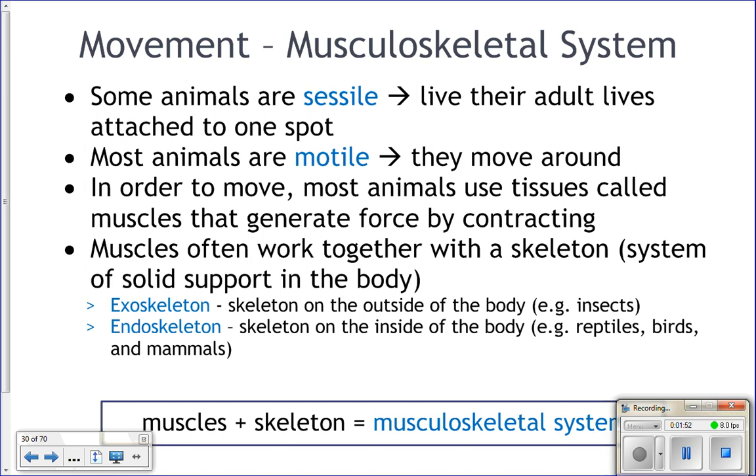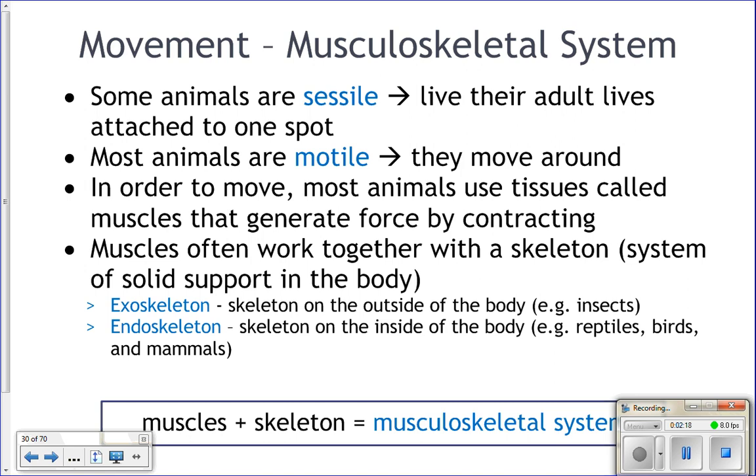You have an exoskeleton and an endoskeleton. An exoskeleton is a skeleton that is on the outside of the body, and an endoskeleton is a skeleton on the inside of the body. An example of an animal in the ocean that has an exoskeleton would be the crab. When you're cracking open a crab to eat all the delicious meat that's inside, what you're actually cracking through is the crab's skeleton.